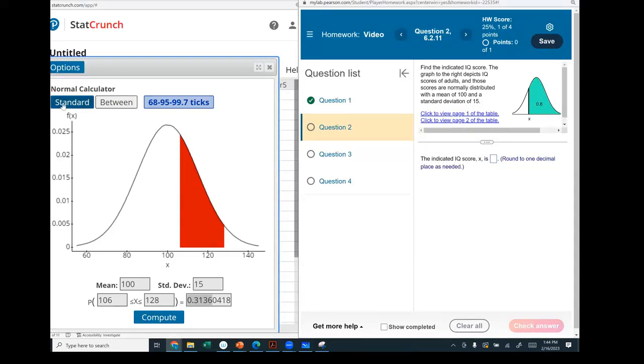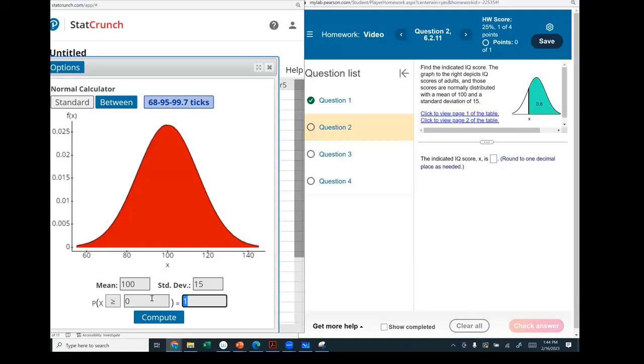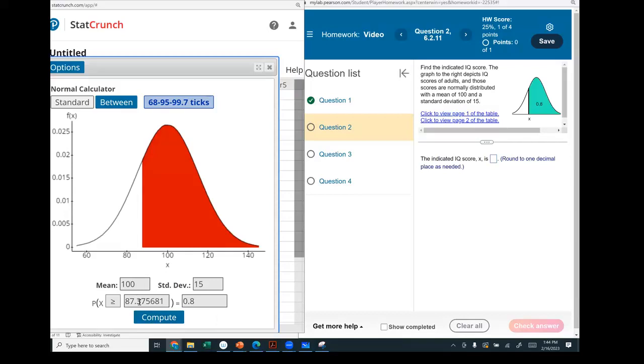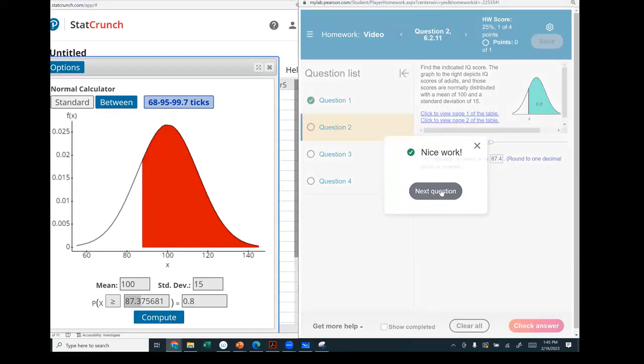So we want X to be greater than some value, and the probability is 0.8. And we hit compute, and this is our IQ score, and we want to round it to 1 decimal place. So that would be 87.4. And we check answer. Perfect.